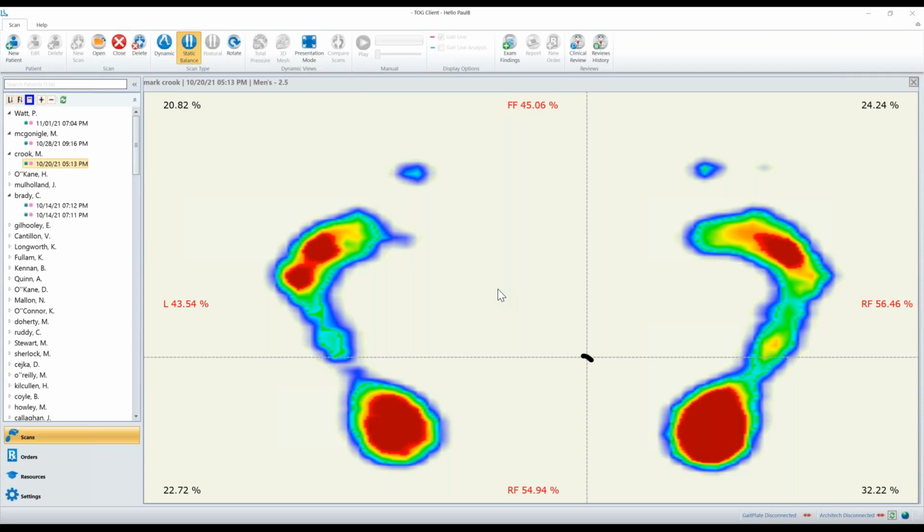If it is hypertonic, then the peroneus longus is going to be hypotonic. So straight away, just by looking at a static scan which is showing no toes, you're able to identify 4, 5, 6 different pathologies that require treatment, or different areas that could benefit from treatment.